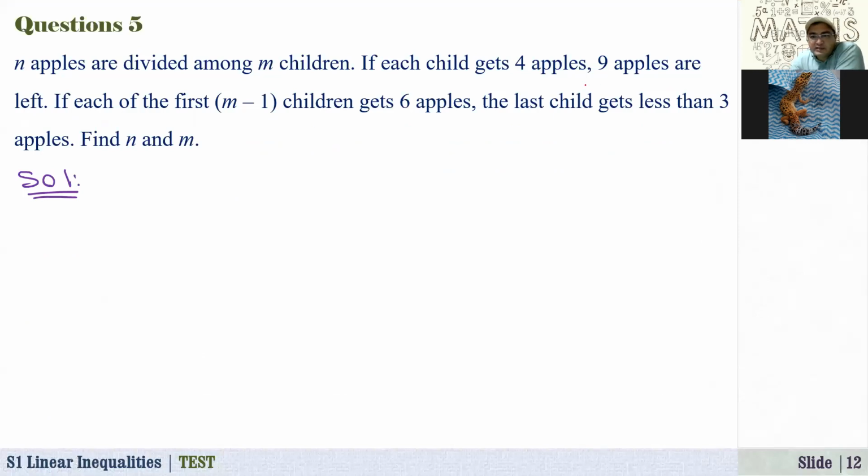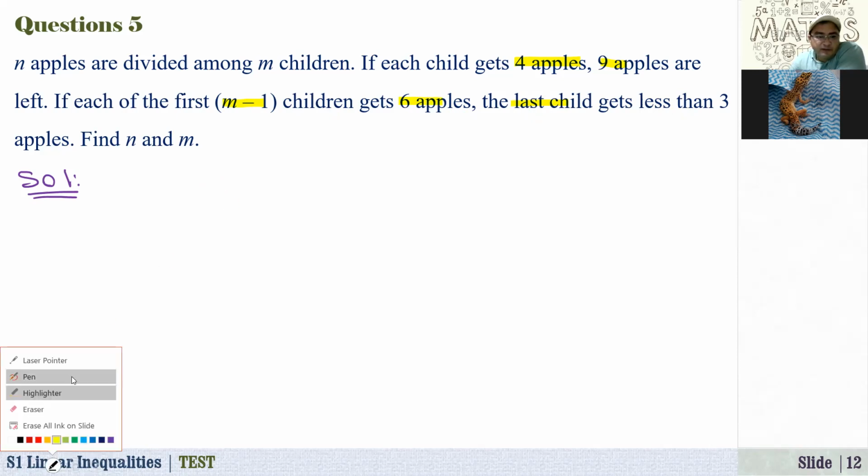If each child gets 4 apples, 9 apples are left over. If each of the first M minus 1 children gets 6 apples, the last child gets less than 3 apples. Find N and M.